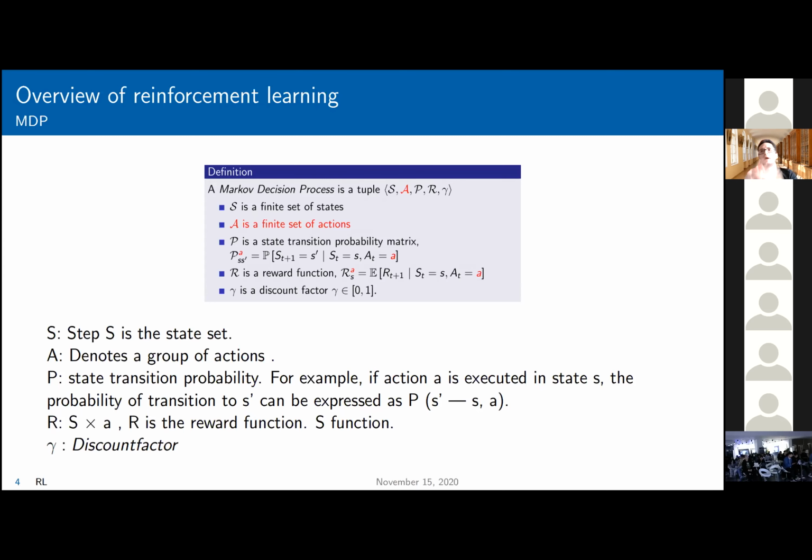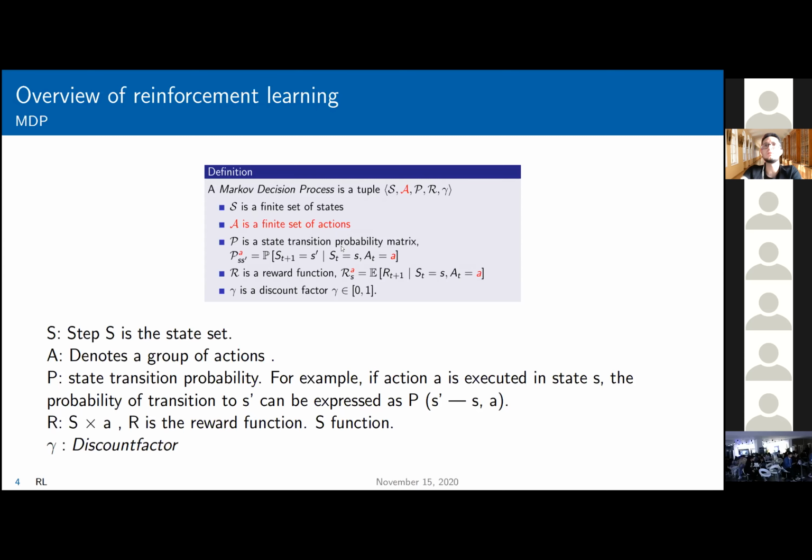Reinforcement learning is a training method. In this training method, the algorithm needs to know which strategy, which in reinforcement learning is called a policy, is better for the problem it needs to solve.